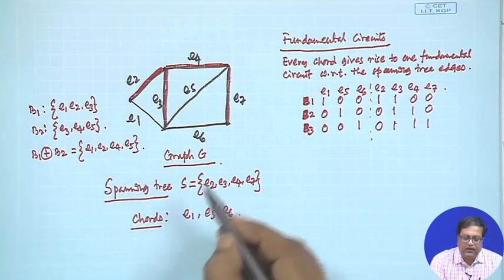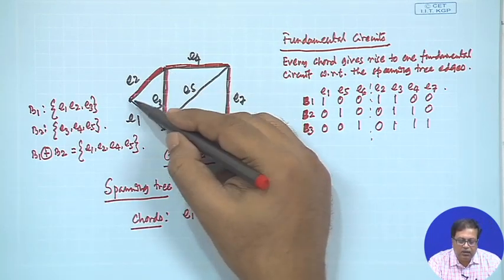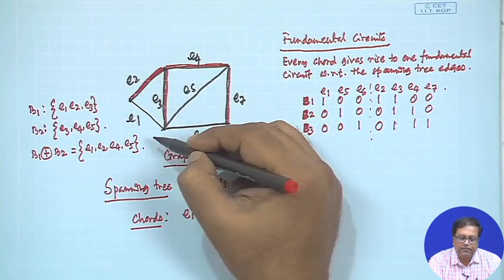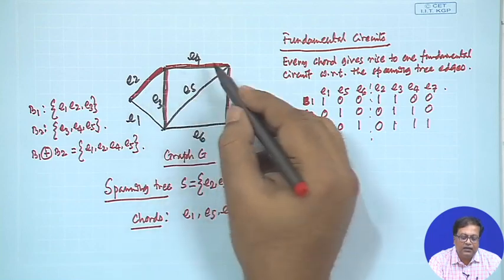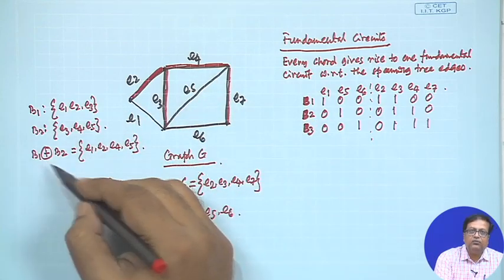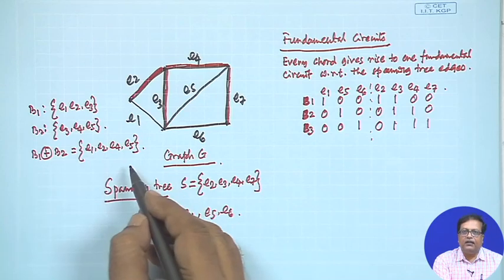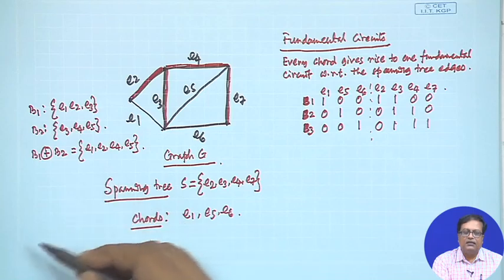Can you see that circuit, right? So like this, you can keep on doing these ring sum operations to identify other circuits.